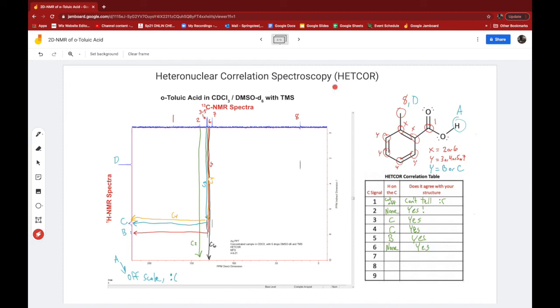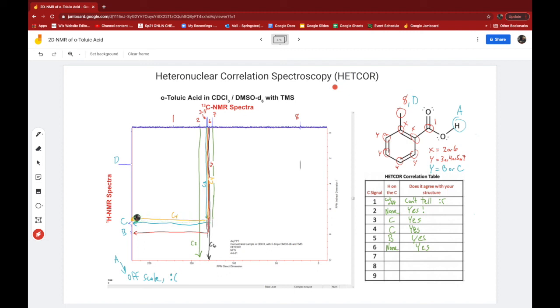Great. And now, okay, 7. I'm going to have to use green again. I'm running out of colors. 7 hits there, huh? I'll make that look more appropriate. Boom, there's 7. And which does it look like 7 agrees with? Does it look more like it correlates with C or B from 7? Oh yeah, that's going to C, huh?